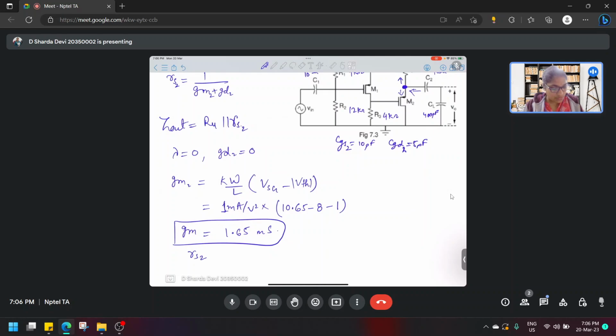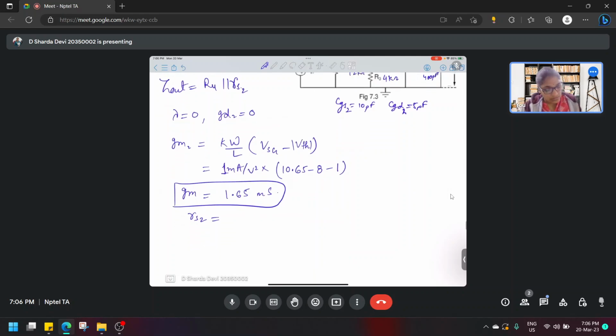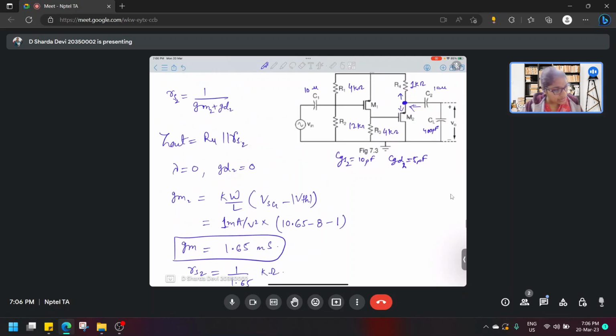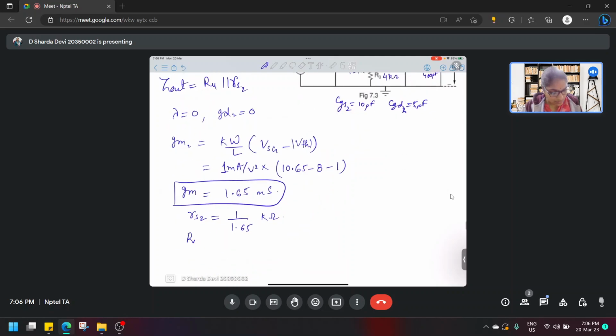Now this is GM. So RS2 will be reciprocal of this. RS2 is 1 by 1.65 kilo ohms. And R4 is how much? 1 kilo ohm. R4 is 1 kilo ohm.